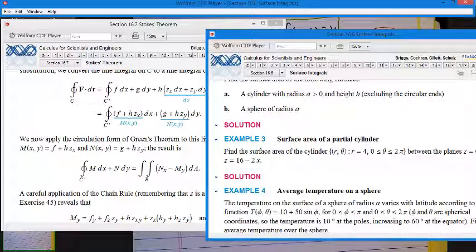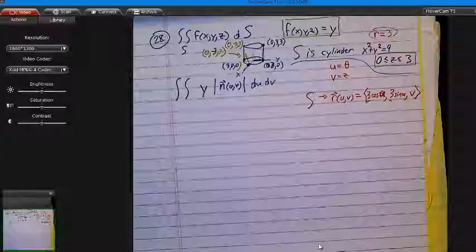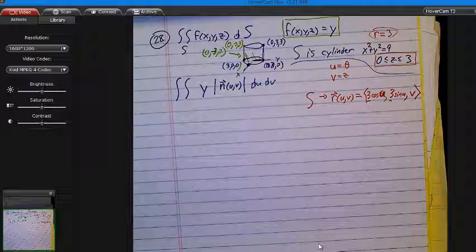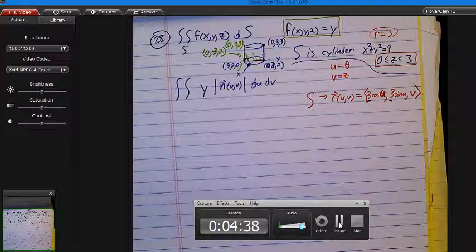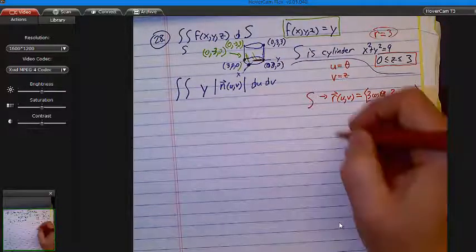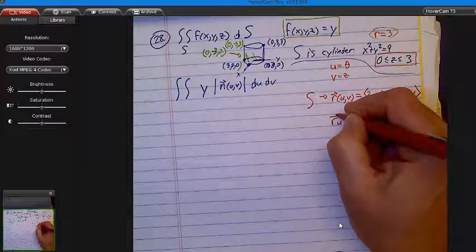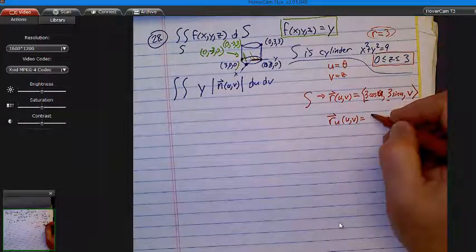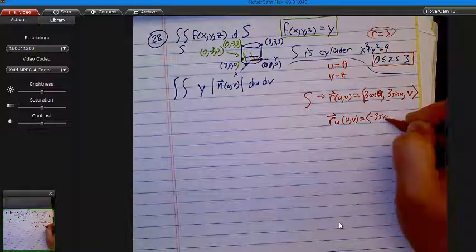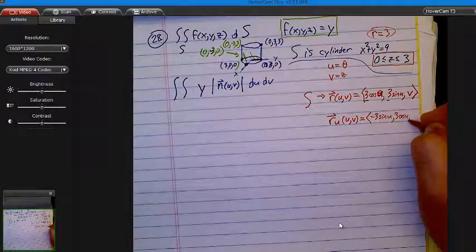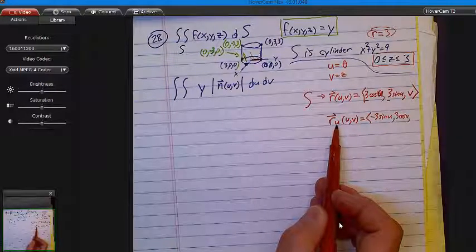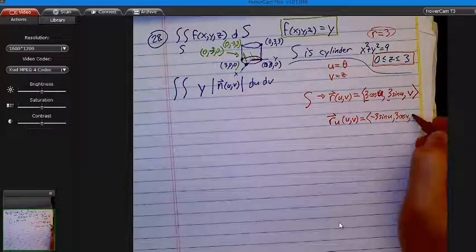Since n is non-zero, what we need are the tangent vectors. So here I go. Let's get r prime of u. If I take r_u of (u, v), that would be negative 3 sine u, 3 cosine u, and then, because u is the variable I'm talking about, I treat v as a constant, so the derivative of a constant is just 0.